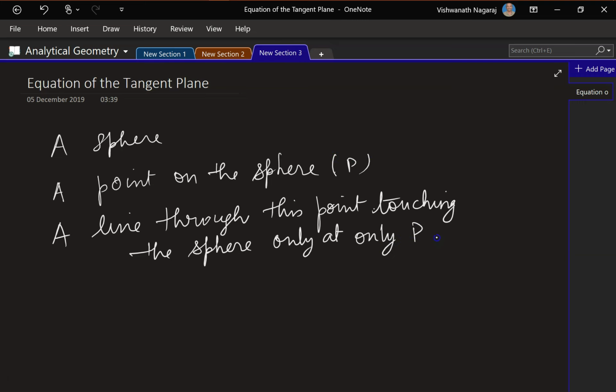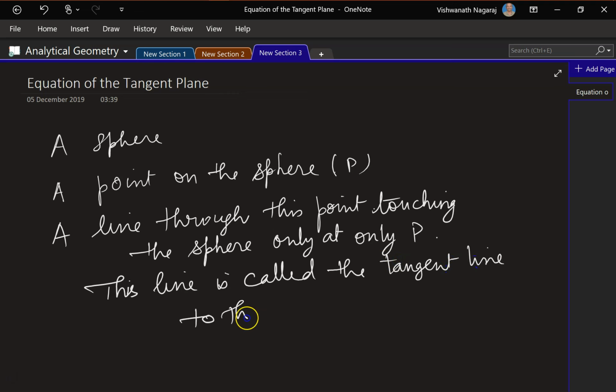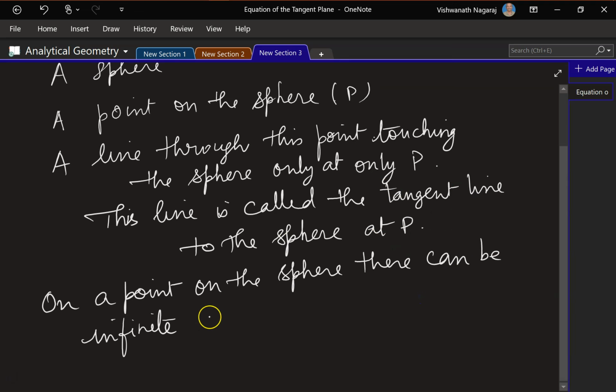Now this line is called the tangent line to the sphere at P. On a point on the sphere there can be an infinite number of tangent lines in different directions.